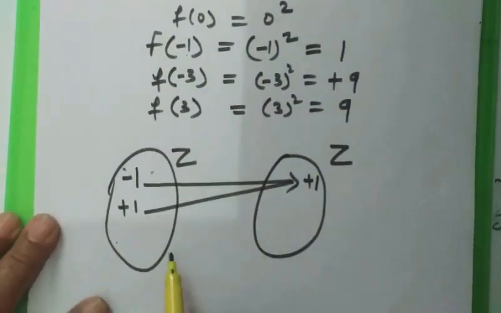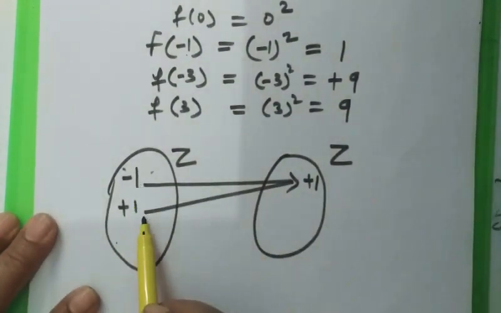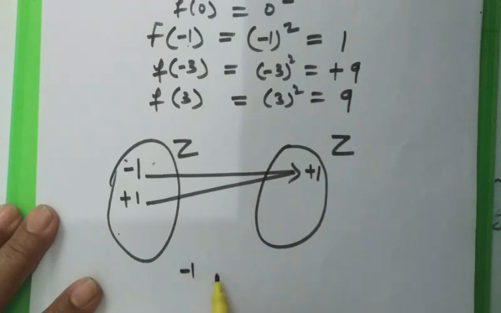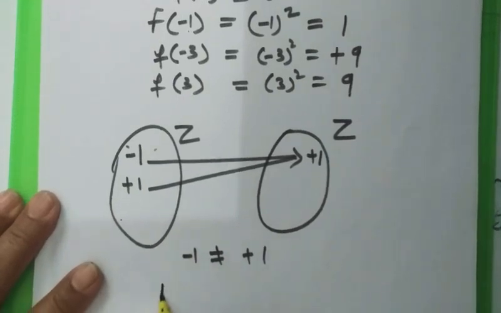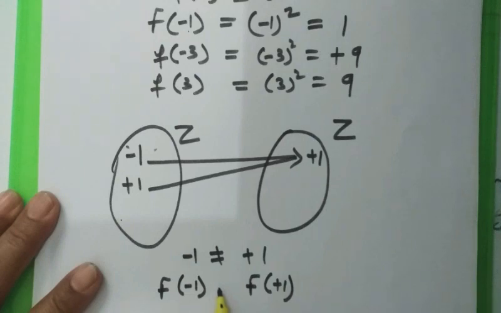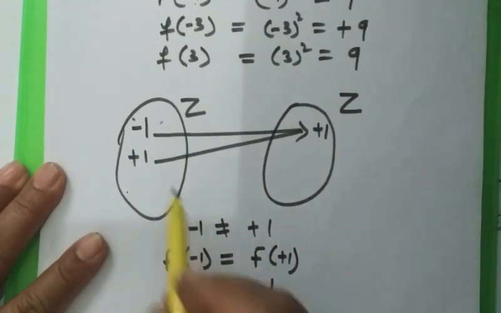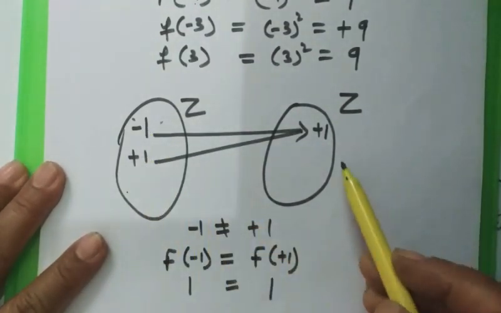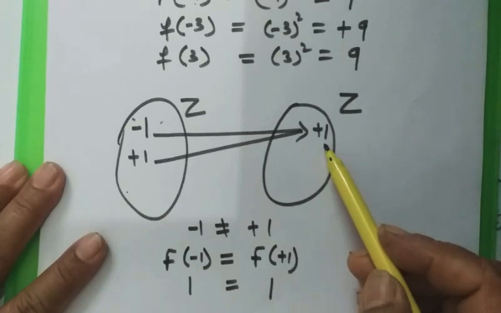So we can see that two different numbers, and we know that minus 1 is not equal to plus 1. So two elements are not equal in the domain set, but their images, the image of minus 1 is f(-1), the image of plus 1 is f(1), and their images were equal because this is also 1 and this is also 1. Elements are distinct, but their image is coming out to be the same.